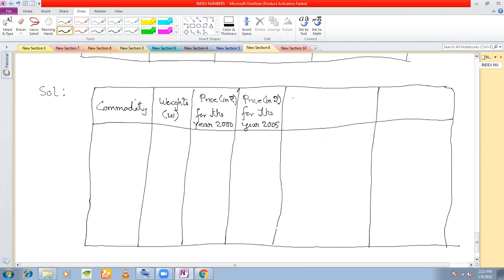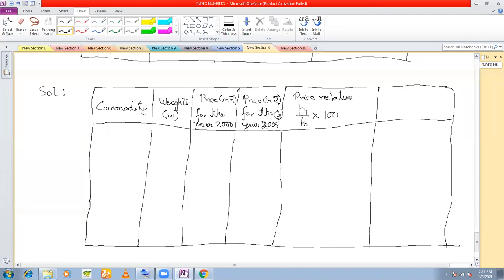Now comes the extra column. Here you have calculation for price relatives. Okay, the price relative for each. The formula for price relatives is P1 by P0 into 100. Now here, what is P1 and P0? Remember, I told you that whenever you're calculating index numbers, you calculate it for the current year. So current year here is 2005. So this must be our P1.